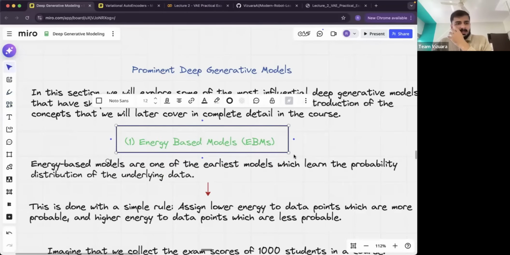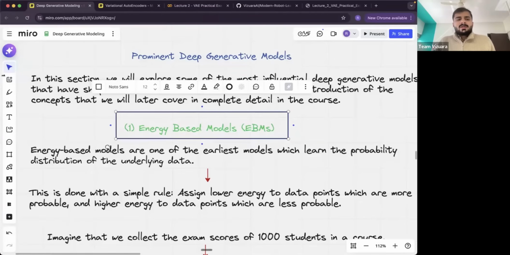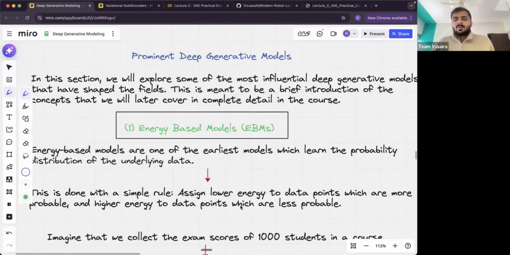Energy-based models are very interesting because they work on a very simple concept. An energy-based model says to assign lower energy to data points which are more probable and assign higher energy to data points which are less probable.